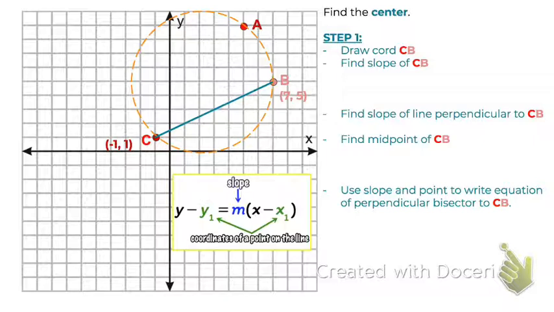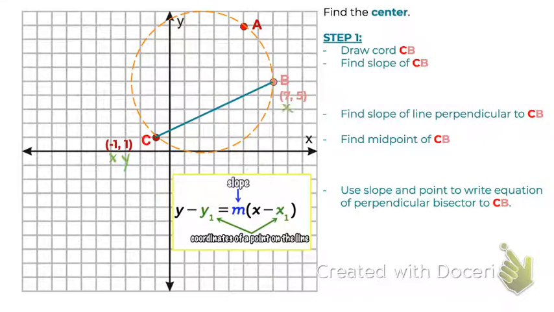I'm going to focus first on this chord, and in order to do that, first I'm going to find the slope so that we can find the slope of a line that is perpendicular to this chord. So the slope of this line, if it's drawn exactly, you can just do rise over run. Otherwise, you need to use the formula.